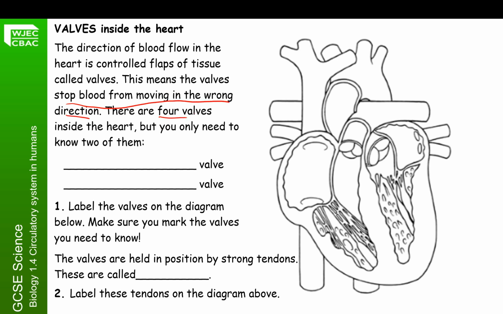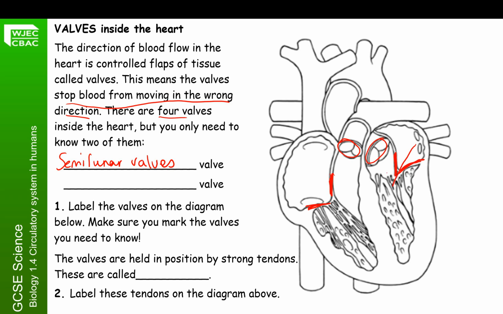There are 4 valves inside the heart. We've got these valves that are in the main arteries, and they're what we call the semilunar valves. And they're the same on the left and the right. And then these valves between the atria and the ventricles on both sides, here and here. As I've shown them, they're like swing doors.